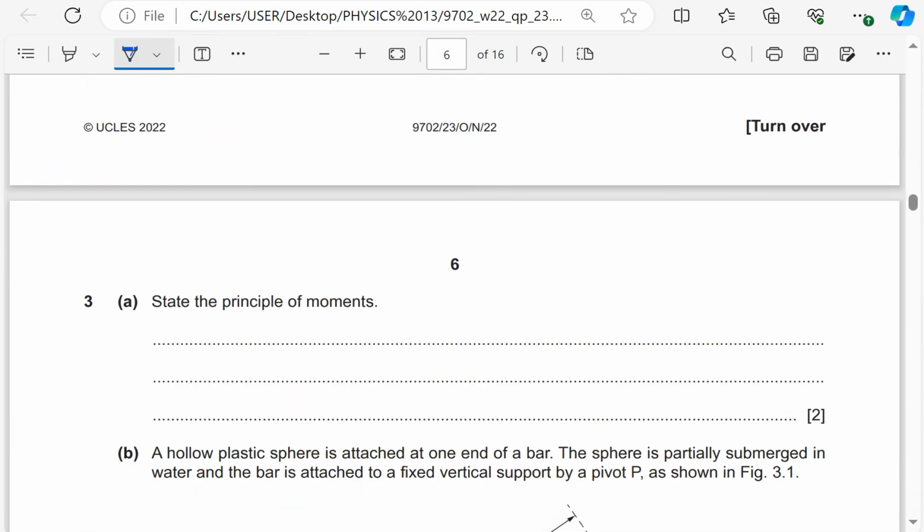State the principle of moments. So we know that for an object in equilibrium, the sum of clockwise moments is equal to the sum of anti-clockwise moments about the same point.